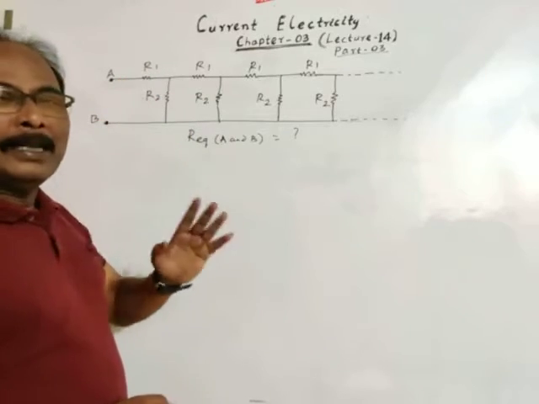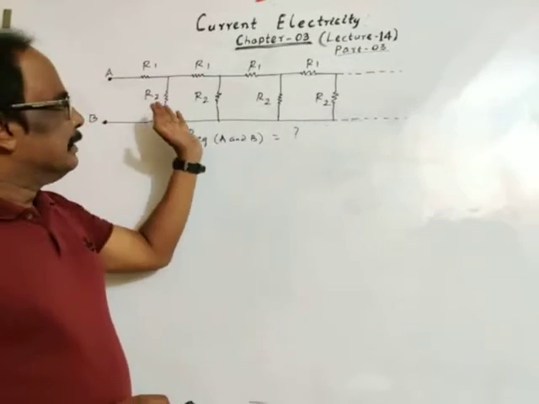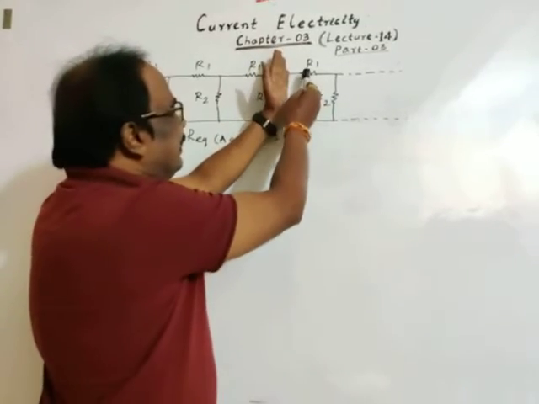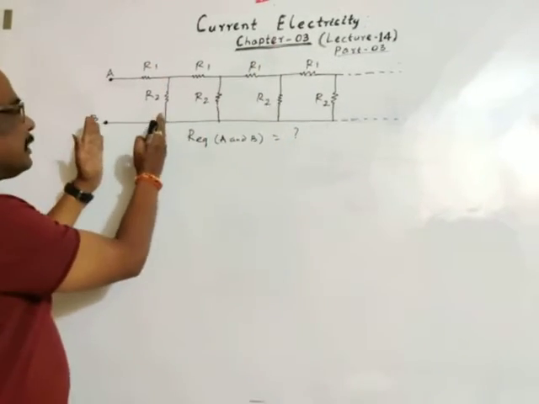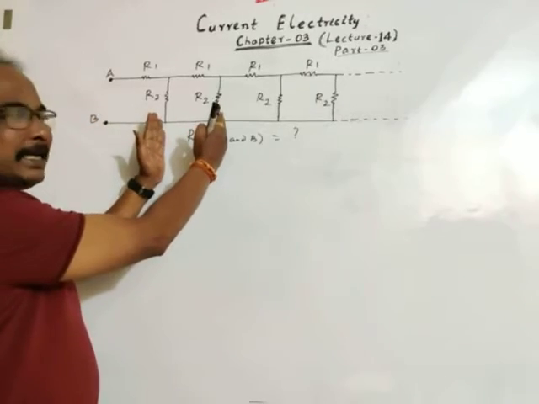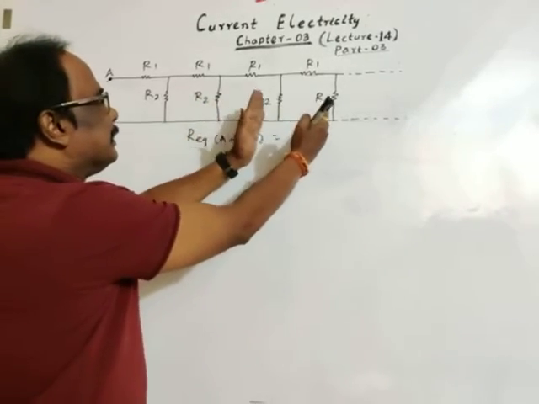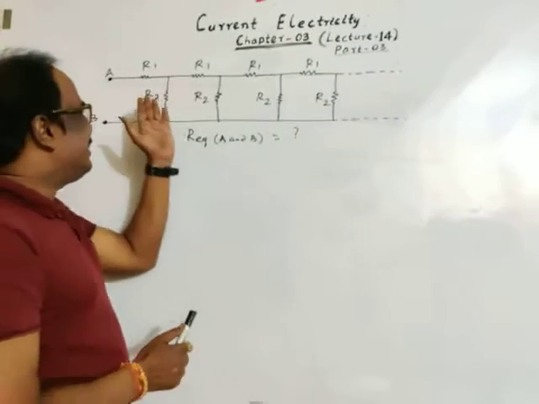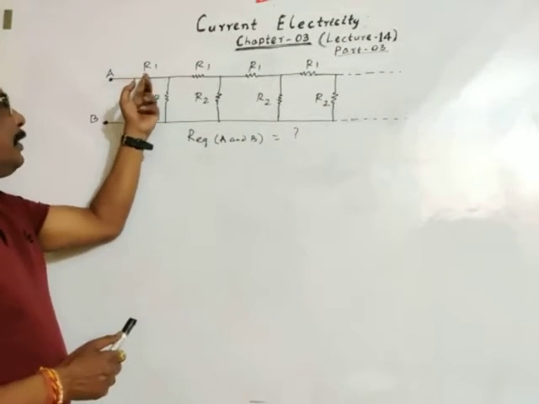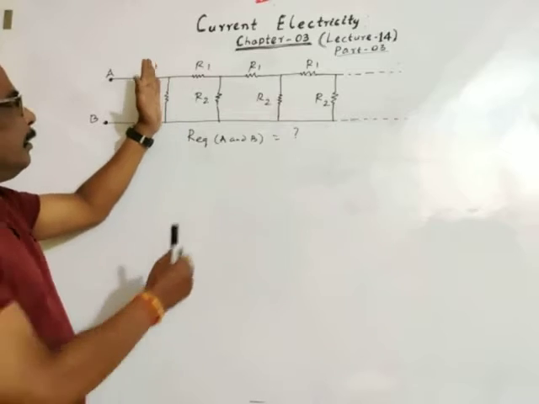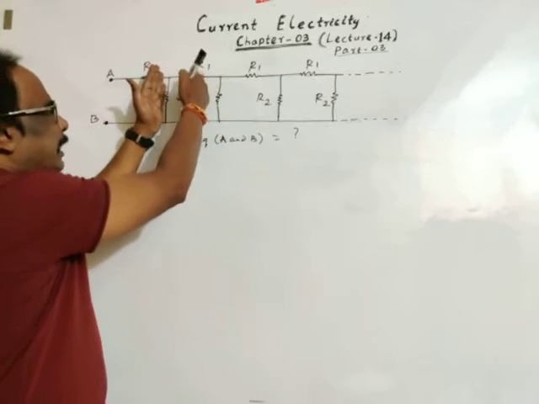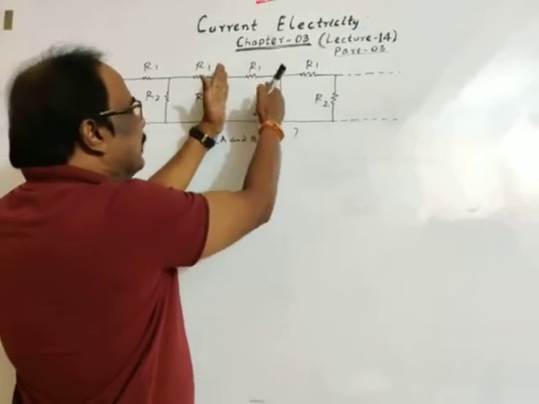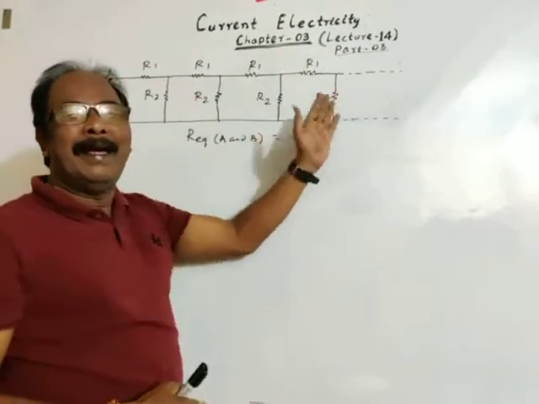Just observe the network. See, this is a set, this is a set, this is a set, and so on up to infinity. In the first set, 2 resistors R1, R2. In this set, again 2 resistors R1, R2. Again in this set, R1, R2, and again R1, R2.